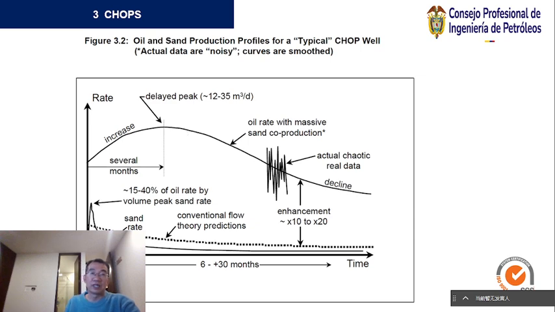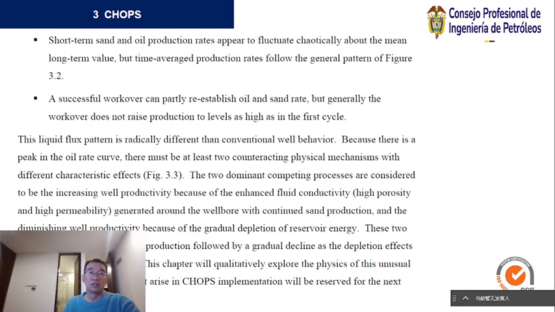This figure shows oil and sand production profiles for a typical CHOPS well. Short-term sand and oil production rates appear to fluctuate chaotically about the mean long-term value, but time-averaged production rates follow the general pattern of the figure.